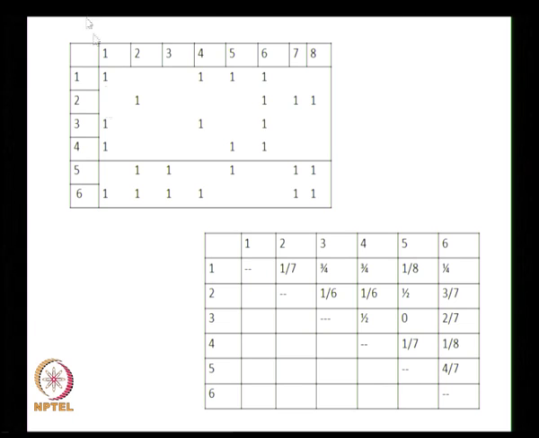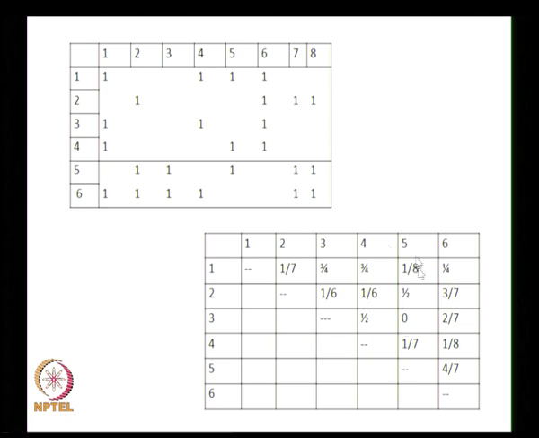Now this is our incidence matrix, once again a very small sized incidence matrix. There are 6 rows representing 6 machines. So we construct a similarity coefficient matrix among the machines or among the rows.